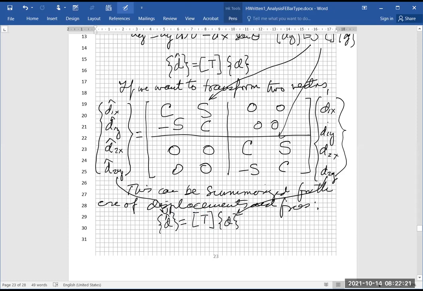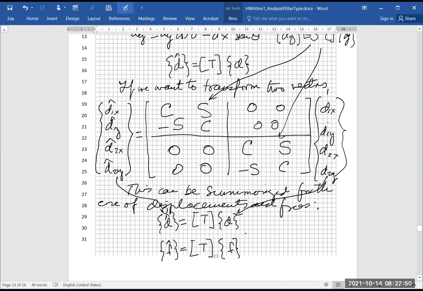But also, we can do the same transformation for the case of forces, since they are vectors. So we can write that the forces in the local reference system can be transformed from the forces in the global reference system. Okay?